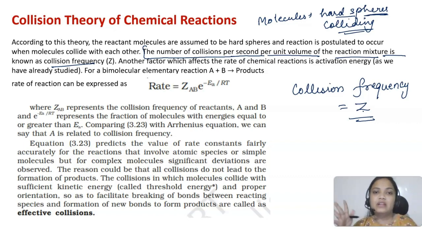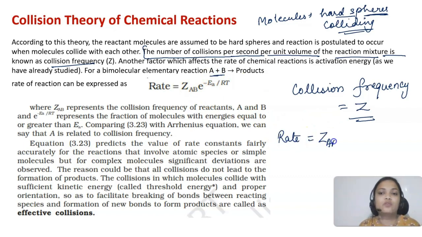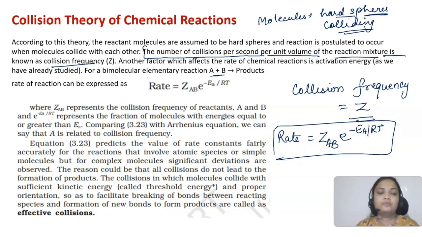So we have studied about the activation energy also, right? For any bimolecular elementary reaction, the rate of reaction would be Z, where Z means the collision frequency, then e to the power minus Ea upon RT. So it will depend on the activation energy as well. So Z_AB is again your collision frequency that we have just discussed: the number of collisions happening per second per unit volume.